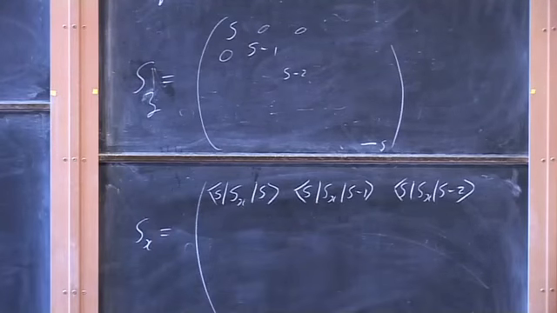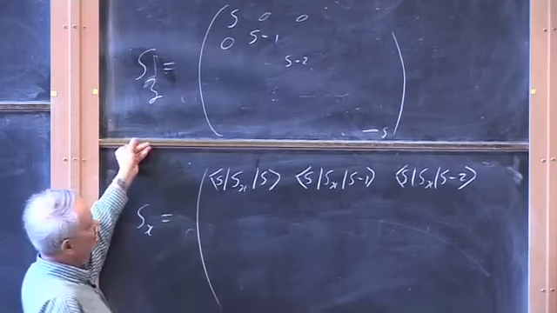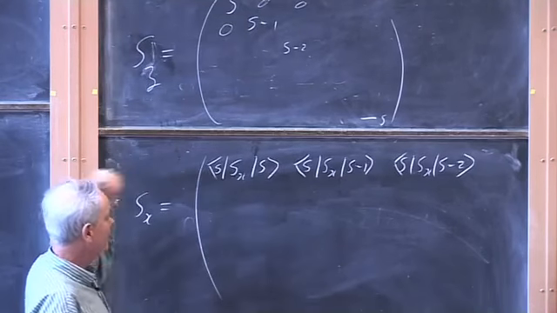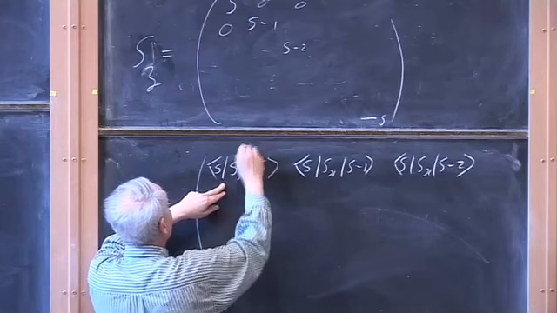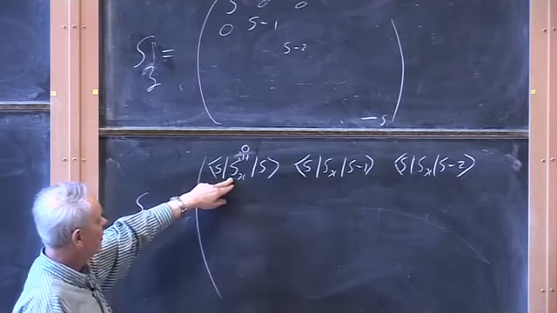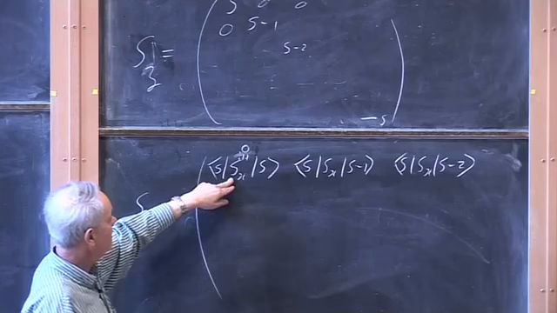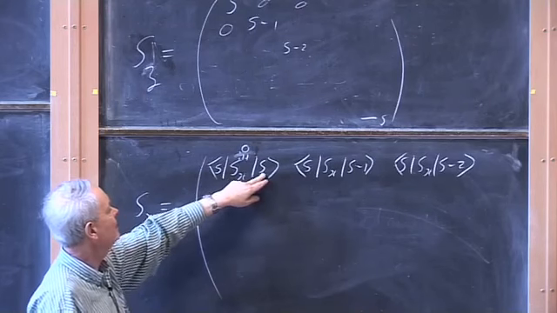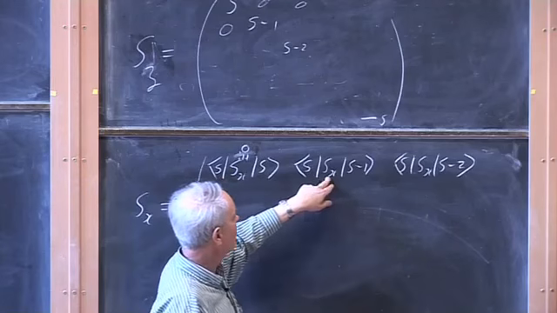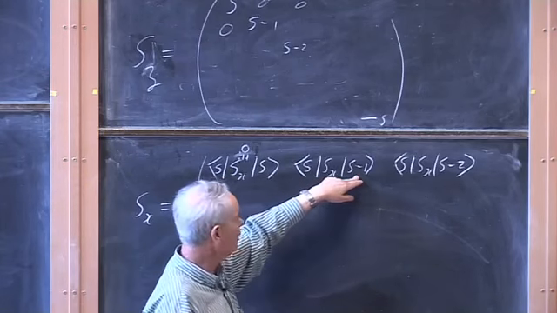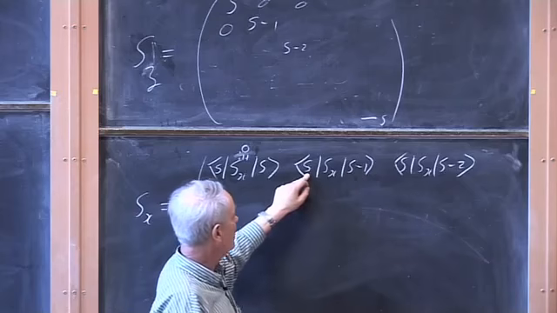It'll be enormous. But nearly all the numbers will vanish because, well, this number we already know is equal to 0. This number vanishes because you replace Sx by a half of S plus plus S minus. S plus kills this. S minus lowers it to something orthogonal to this. This will be non-zero because S plus will raise that to S, which will couple to that.